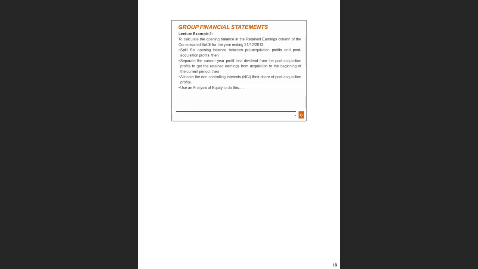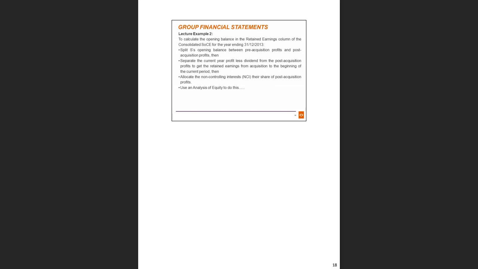So to calculate the opening balance in the retained earnings column of the consolidated statement of changes in equity, we need to split S's opening balance between pre-acquisition profits and post-acquisition profits. That is what we did.